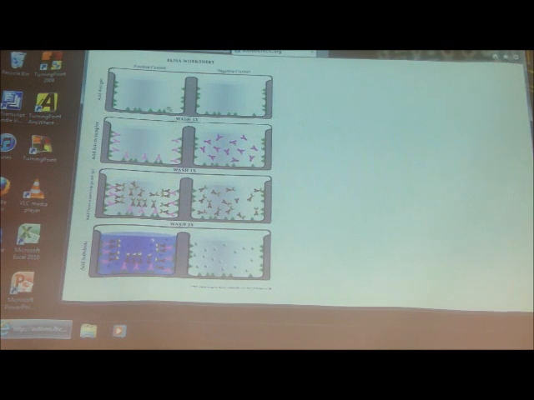So now we can go and look at this, because this one uses the second method. So here we're going to coat this with viral antigen. And then you add the serum sample, and you're looking for presence of antibodies in that serum.